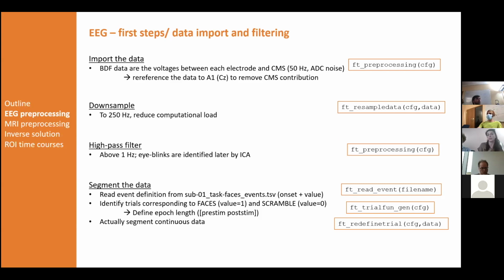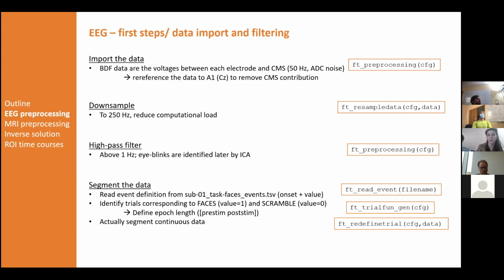In order to get rid of this contribution, we need to re-reference the data to one channel. In this case, we selected a central channel, A1, that corresponds to the Cz. This can be done simply with the FieldTrip function called ft_preprocessing.